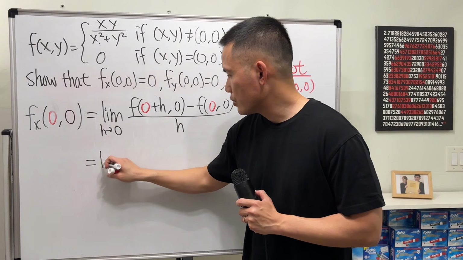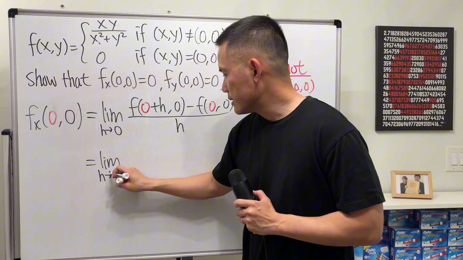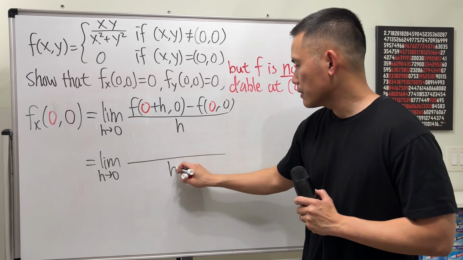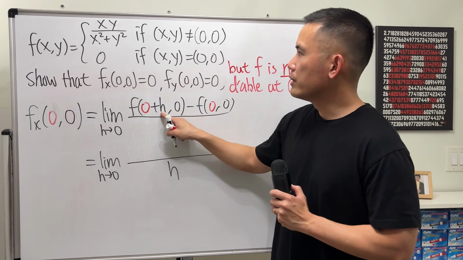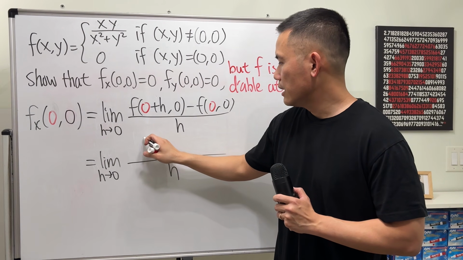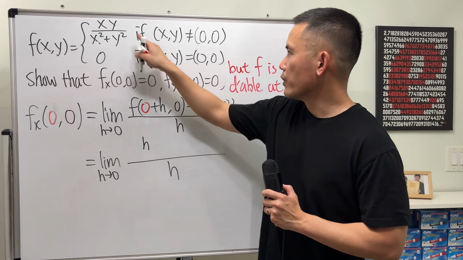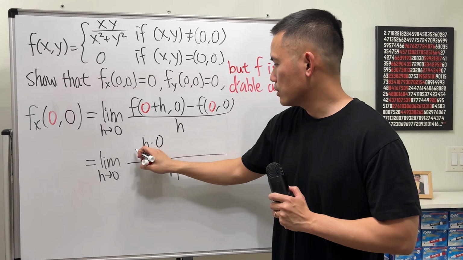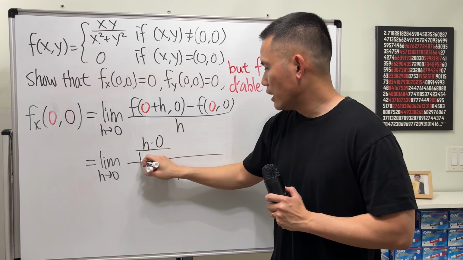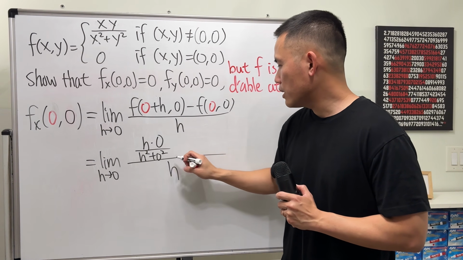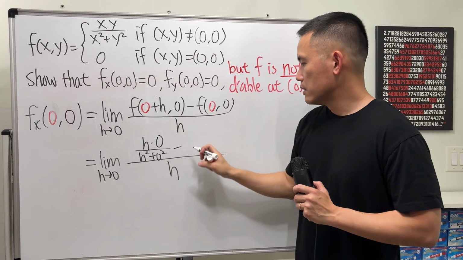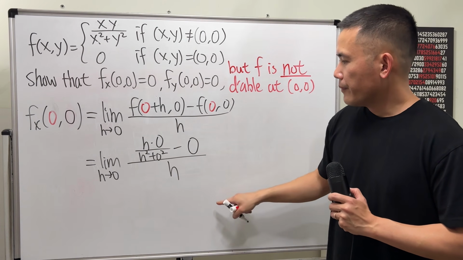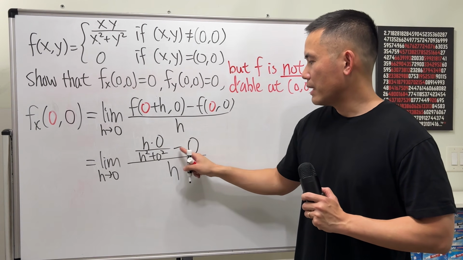So this is the limit as h approaches 0. This is just h in the x component, so I put that in here. We get h, and then 0 for y. So multiply by 0, and then h squared plus 0 squared. Now this is, by default, equal to 0. So you can see this is just 0 minus 0.